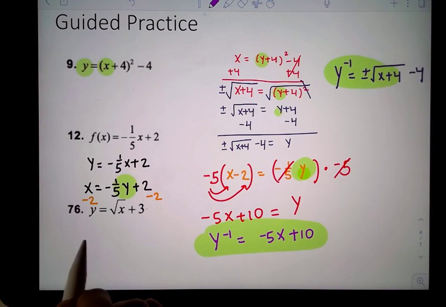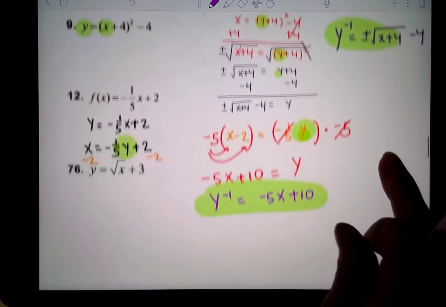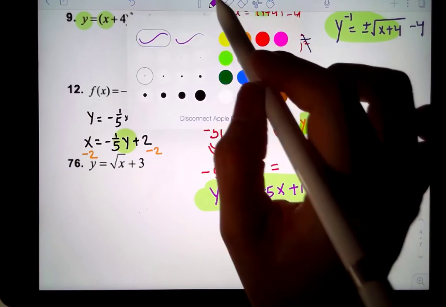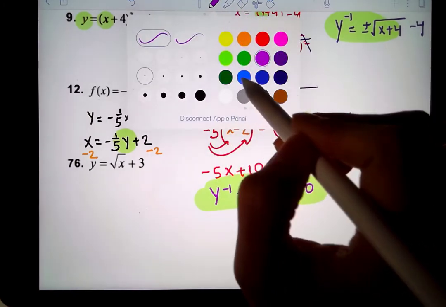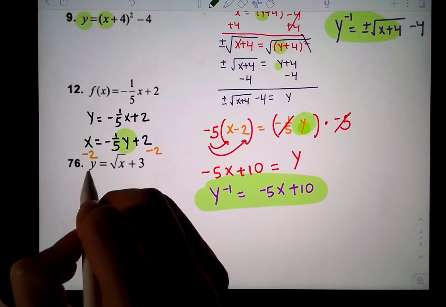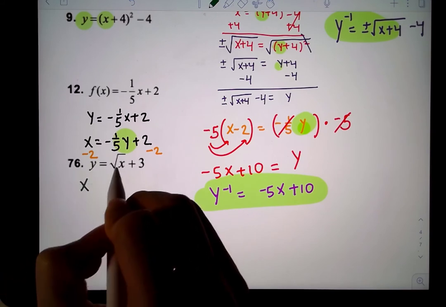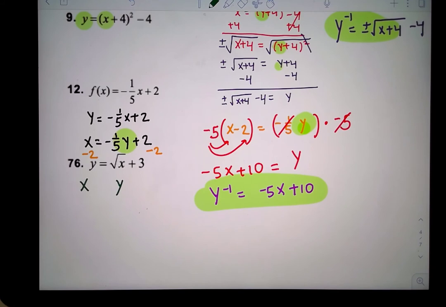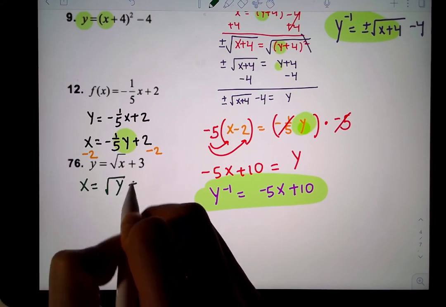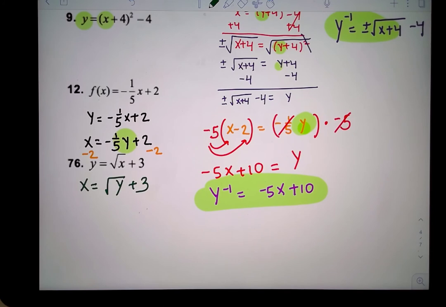So change your x and y, right? Change x and y. Hold on. What color do you want, guys? Let me use green. So y, you make it x, you make this one y, and keep everything exactly the same. All you need to do is change x and y.